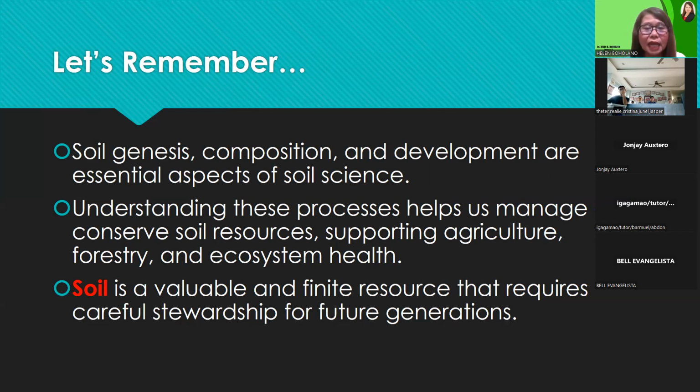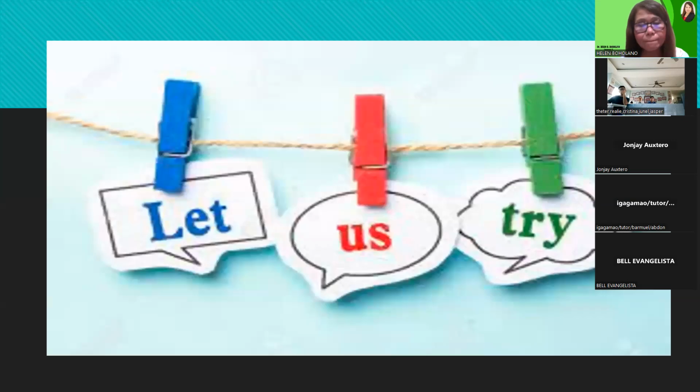So you are very lucky that your farm maybe is very rich with mineral resources, and therefore you should take care of it, because remember, it's a finite resource that requires careful stewardship, not only for you but maybe for your future children, for the future generation.